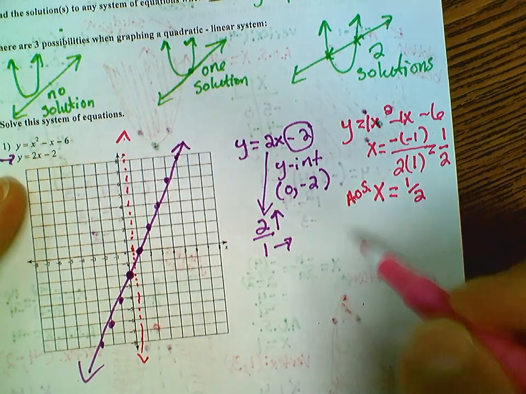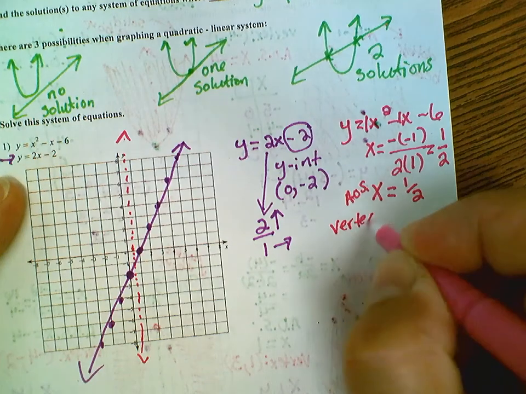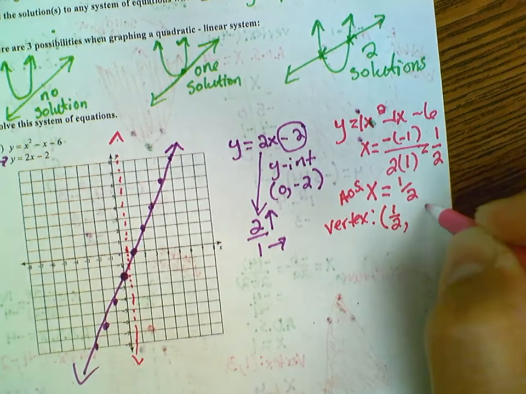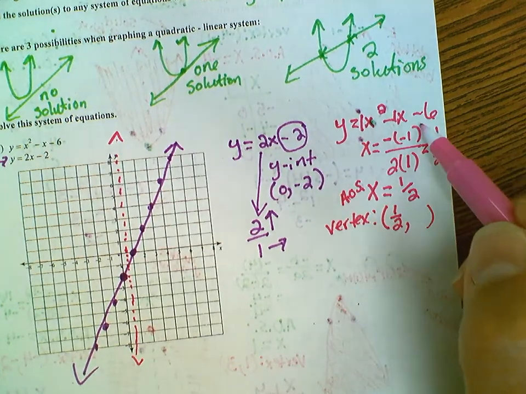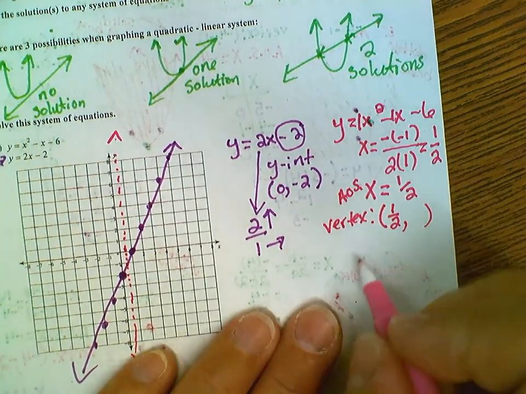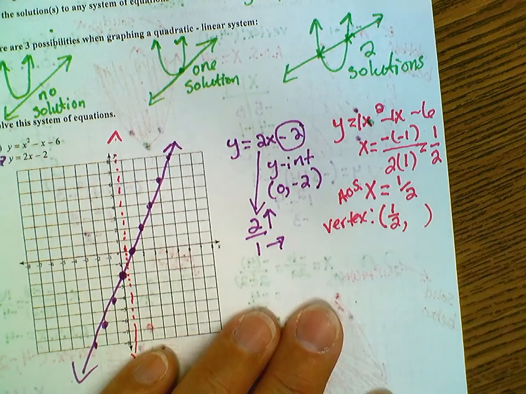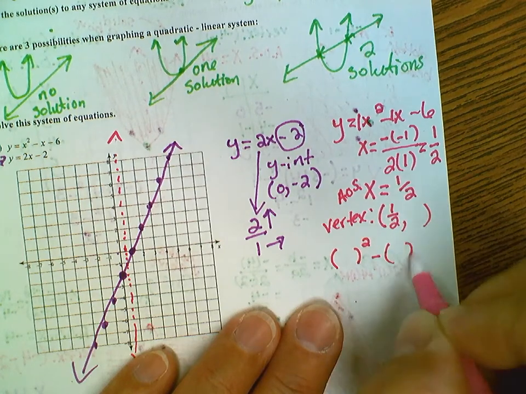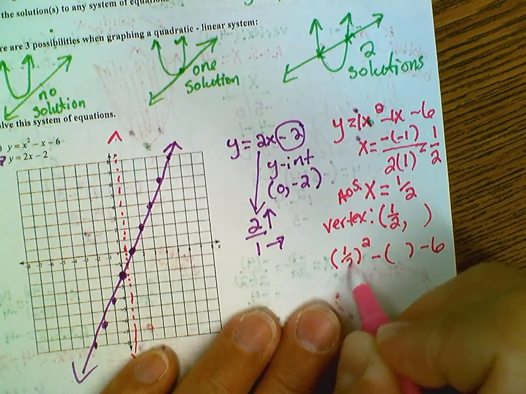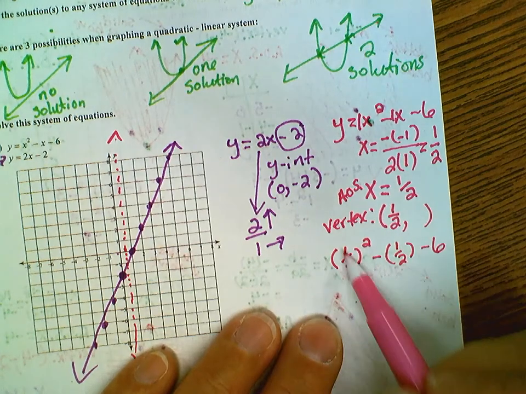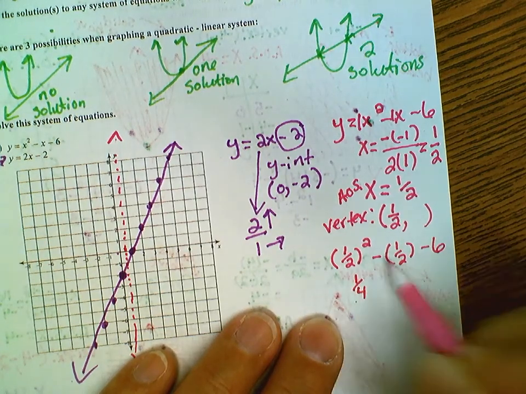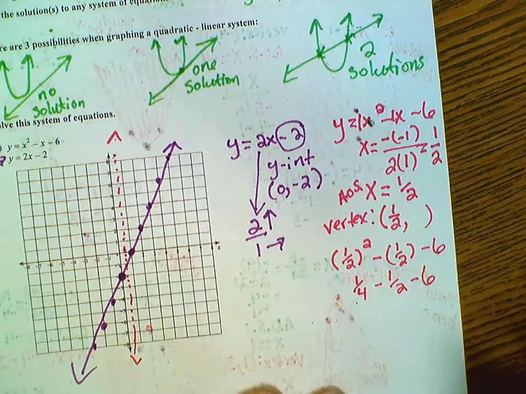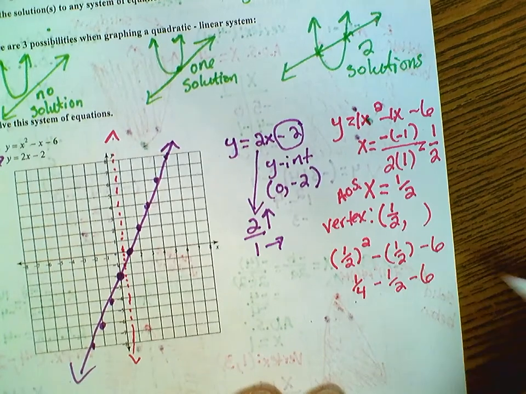Then for my vertex, I know the x value is 1/2, and so I will substitute that into my equation to find out what the y value is. So I have x squared minus x minus 6, and I'm substituting this. 1/2 squared is 1/4 minus 1/2 minus 6.